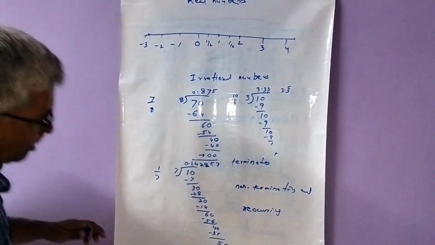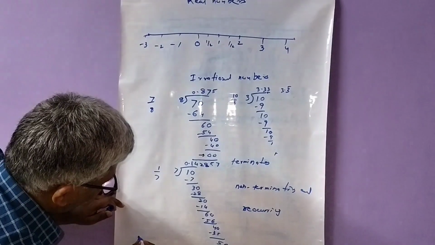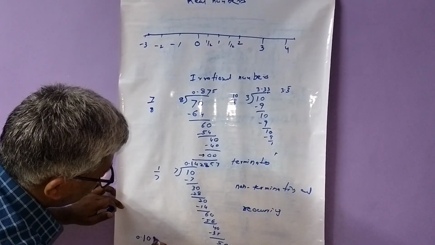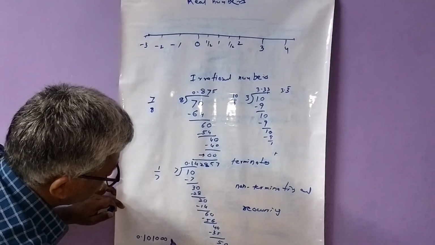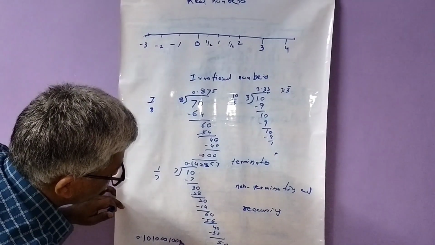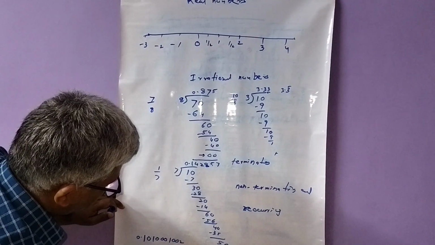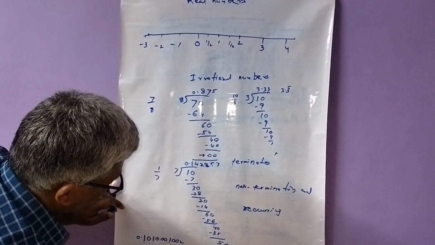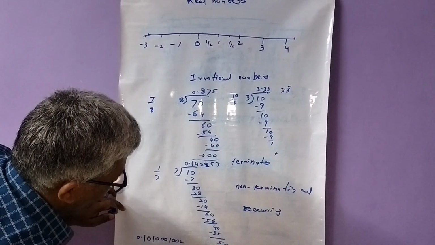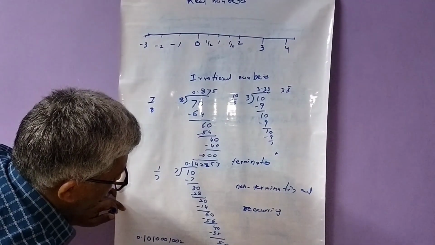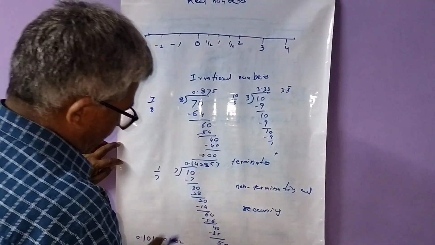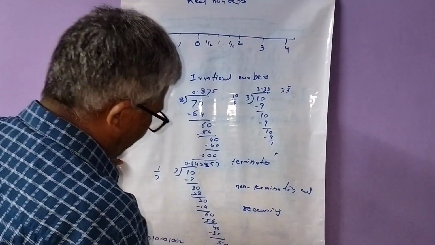But if you take decimal expansions of this type, 1.0100100, 1.0010002, etc., or the values of root 2, root 3, root 15, pi, all these values don't repeat and don't terminate.